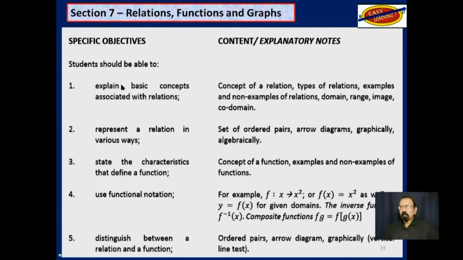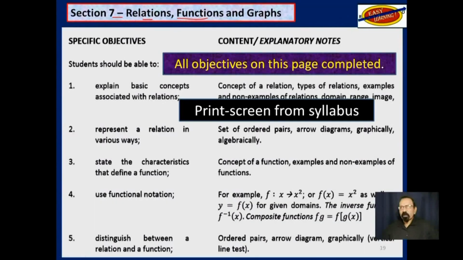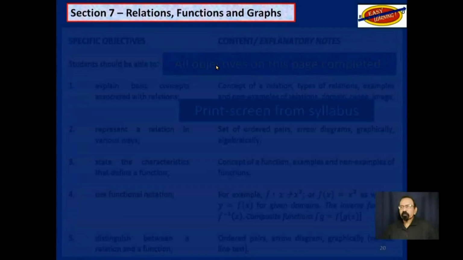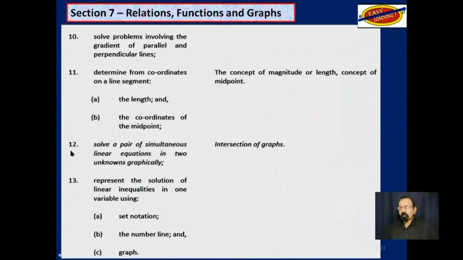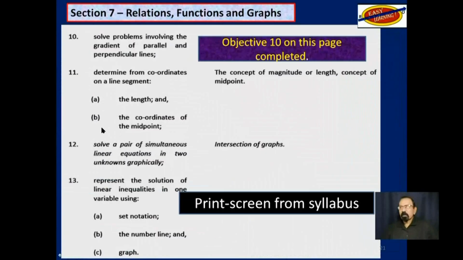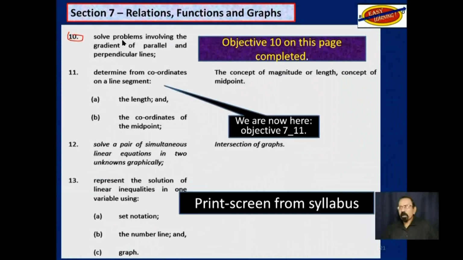Section 7, Relations, Functions, and Graphs. We have completed these 5 objectives on this page. We have completed these other objectives on this page up to 9. As it relates to this page, we have completed objective 10, and we are now at objective 11.